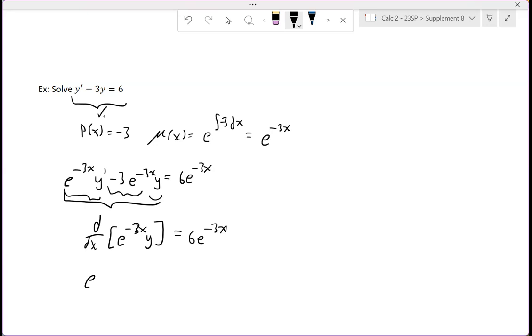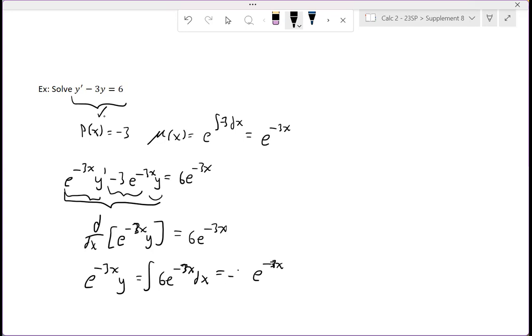I integrate both sides. And I see that this right-hand side is going to, when I integrate this, I get an e to the negative 3x. When I differentiate, that would pop down to negative 3, so I need to divide by a negative 3.